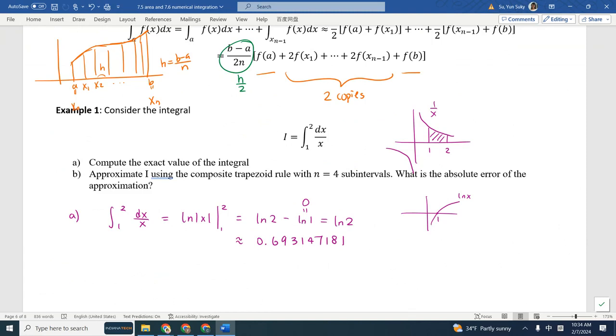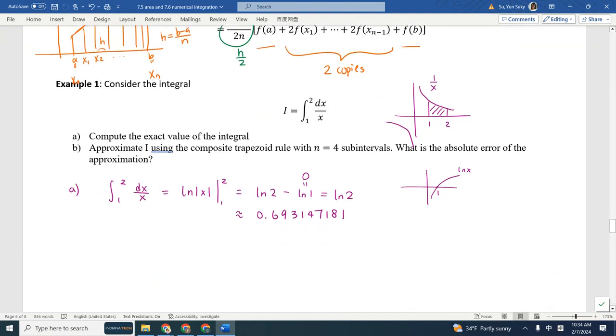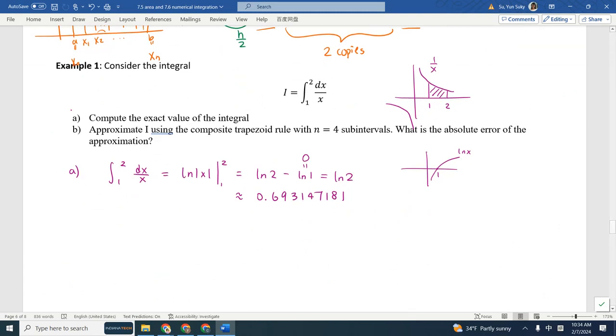Now we use the composite trapezoid rule with n equals 4 subintervals. I suggest everybody draw the picture of the interval. We're going from 1 to 2, and we want to cut it into 4 subintervals.